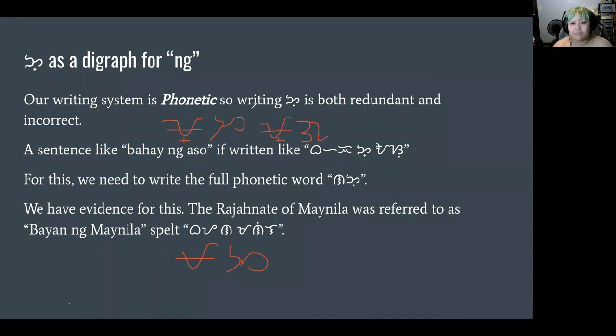And if you see on this one, we're trying to write the word manga, but if we wrote it the way that we write it in the Latin alphabet, and then wrote it in Baybayin, this would say "mga", which is obviously incorrect. We have to always write it in the phonetic way.